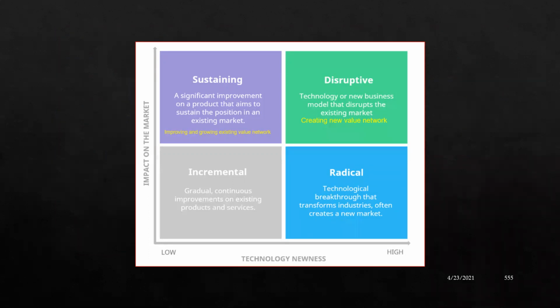So we have technological newness in terms of low and high. What we're trying to do is exploit technological innovation to help us reach out to the market, right? So we need technological ideation to the market, and this is what innovation is all about.